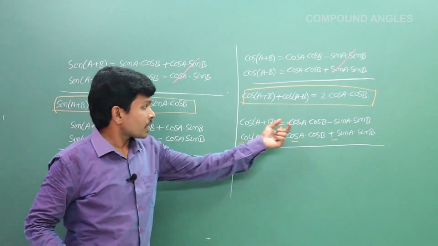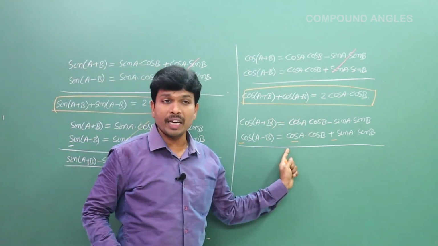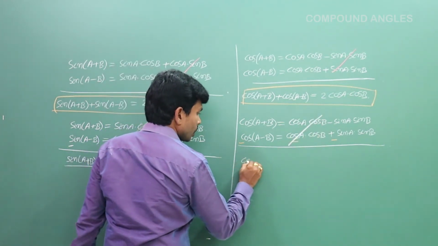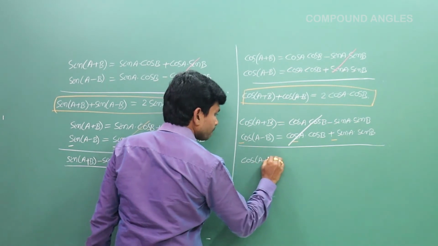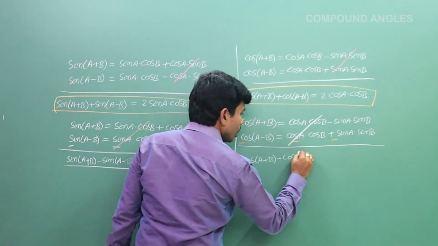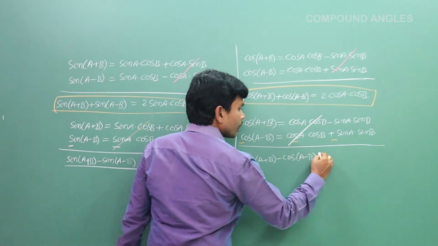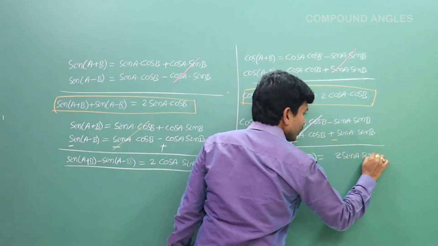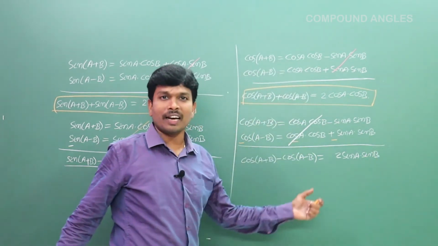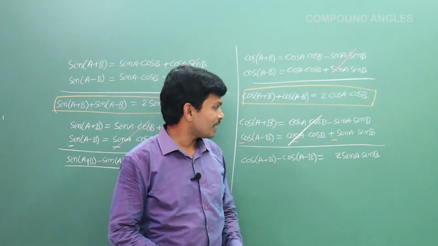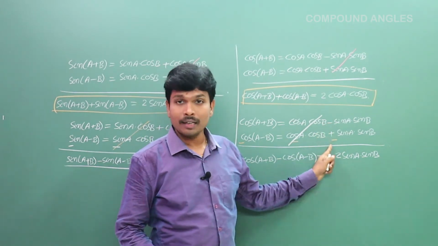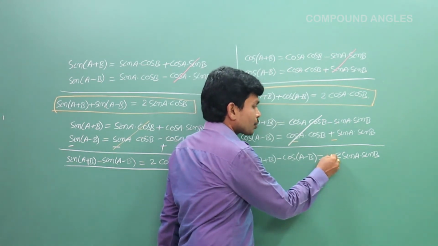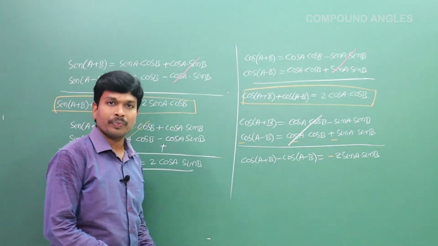Now you observe cos A cos B positive sign, cos A cos B negative sign. Get cancelled. Now you will get cos A plus B minus cos A minus B is equal to, what did you get? 2 sin A sin B. Yes or no? Yes. Correct only or not? No, because here you have the negative symbol. So minus 2 sin A sin B.